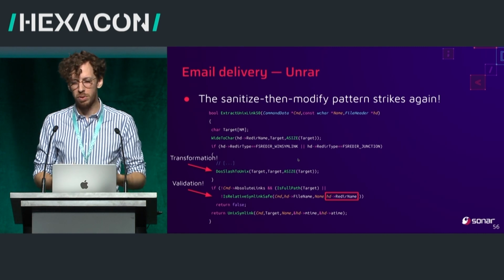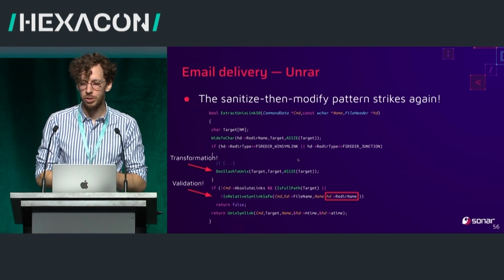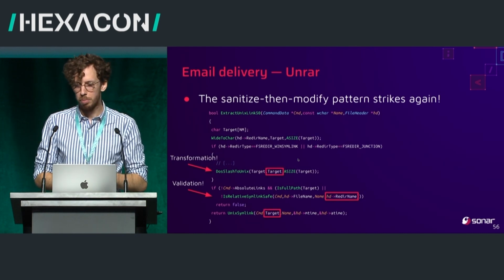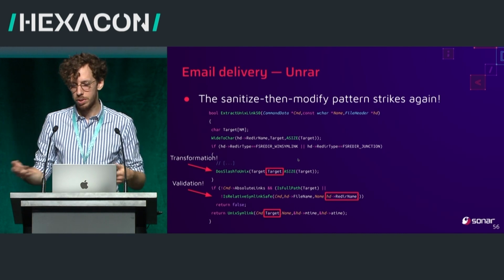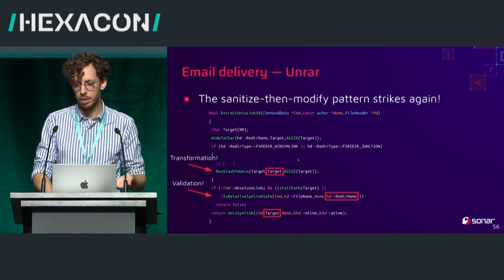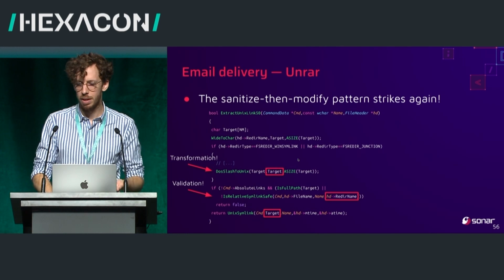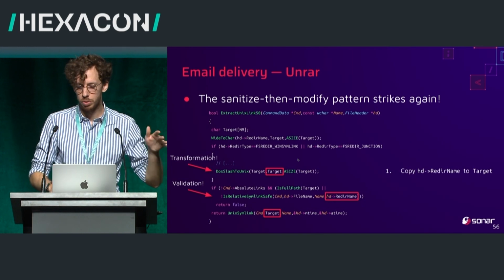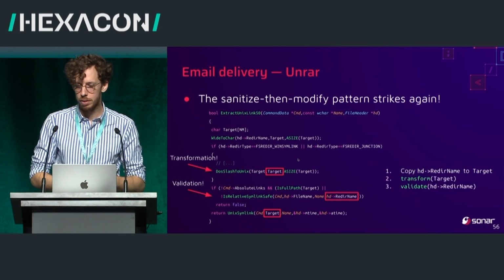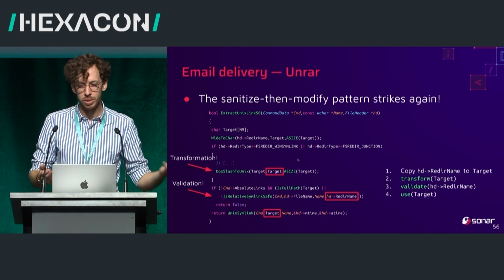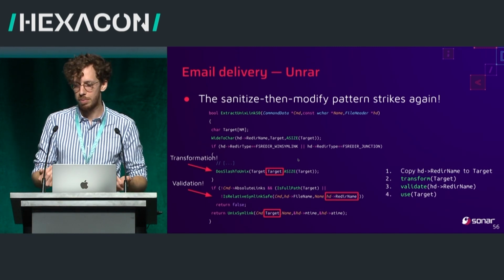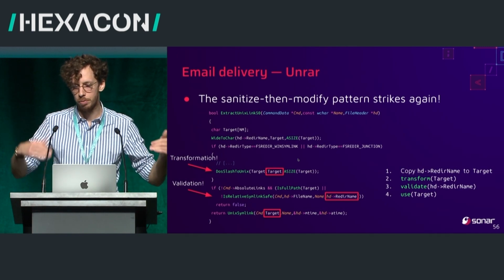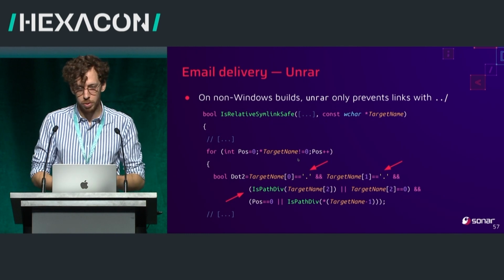And if we look before, there is this transformation, DosSlashToUnix, happening, and it will tell me, yeah, but this is done before, so it's transform and then I validate, so it's safe. But there is something to notice here. It's not the same variable, it's something called Target. And in the last line, Target is being used. So roughly we copy RedirName into Target, then we transform Target, then we validate RedirName, then we use Target. So the validation step can maybe be negated by the transform on Target that happens before, but Target is the one that's going to be used.